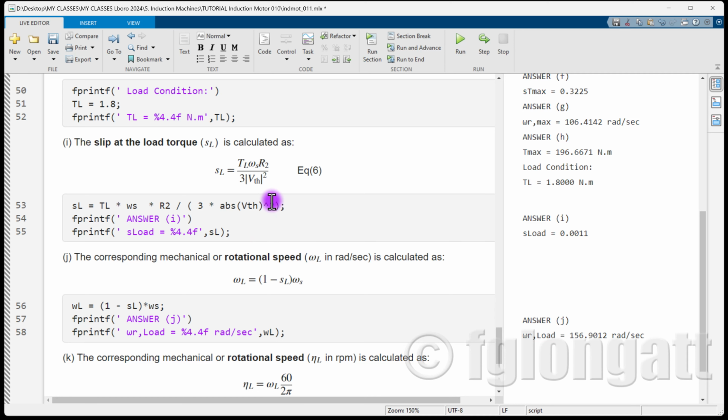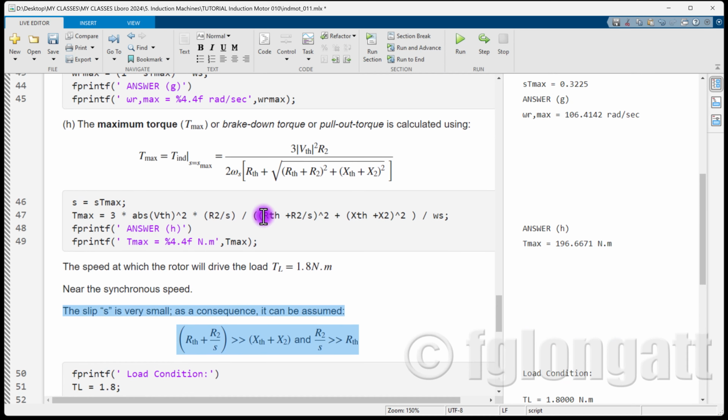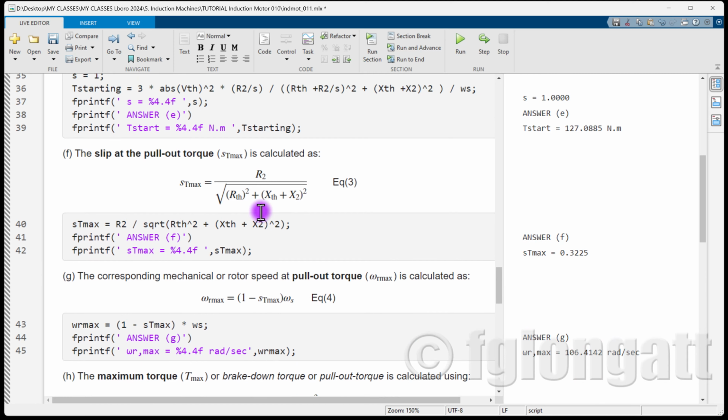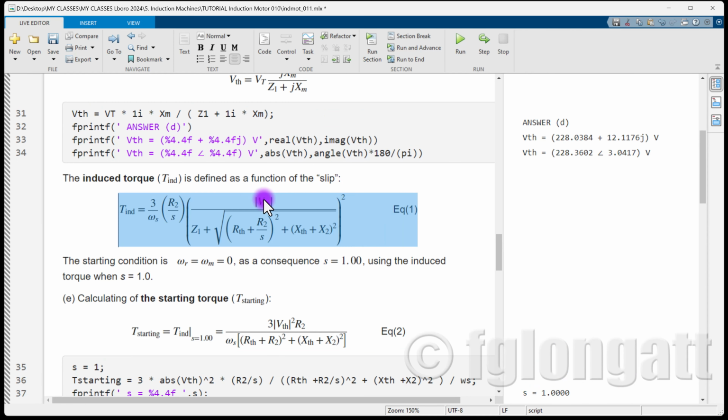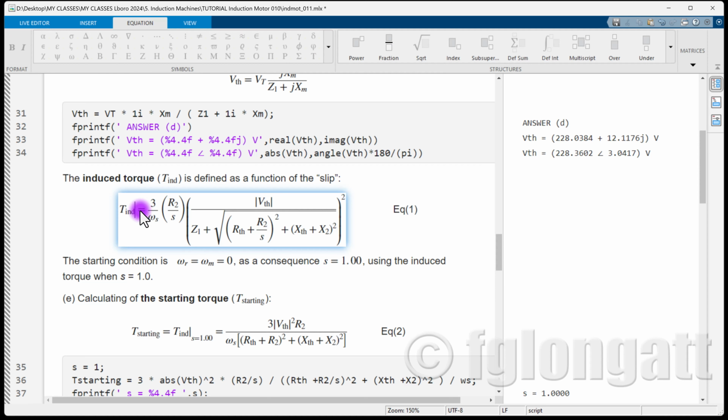What I suggest to my dear students is that they go back home and use equation number 1 in order to obtain the slip for a very specific torque. For instance, in this case, include over here 1.8 Newton meters and calculate the value of the slip.